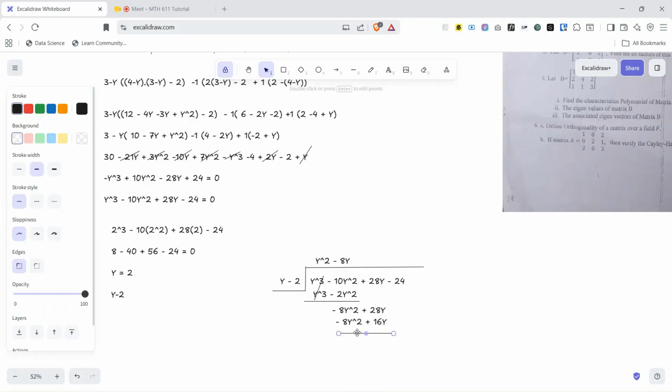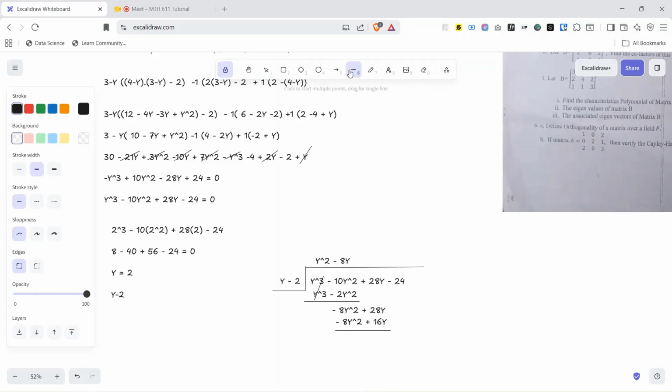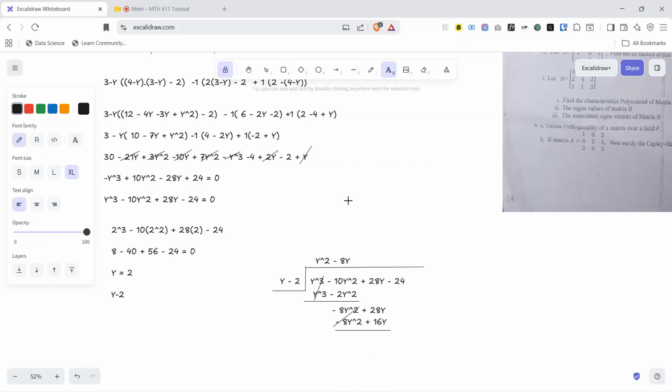We'll do the same thing here too. This cancels out. We subtract this, so minus minus turns to plus, and minus 8 lambda squared cancels out too. So now we have 28 lambda minus 16 lambda, which gives us 12 lambda.